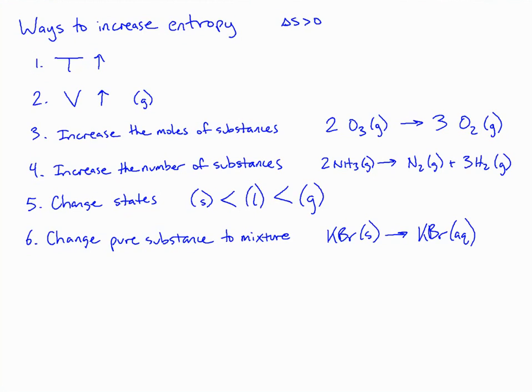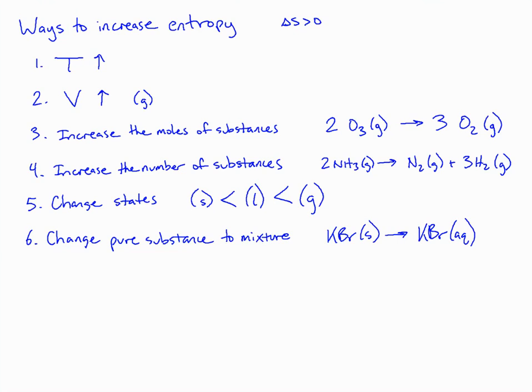There's a handful of ways that you can increase the entropy of a system. Increasing the entropy means we're talking about a delta S that is positive, greater than 0. Number one, increase the temperature. If you heat something up, things are moving faster. The particles have a greater kinetic energy.